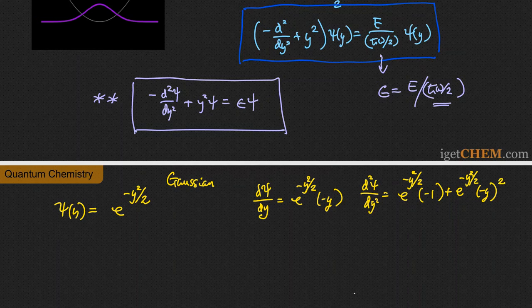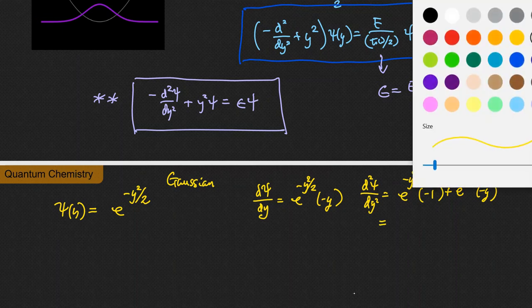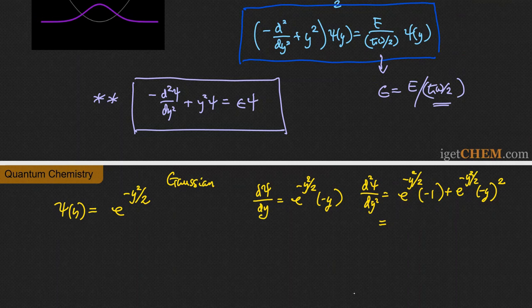So that's just y squared. We see that this Gaussian factor is present in both, so we can pull that out. And whichever is left inside is just going to be minus 1 plus y squared.